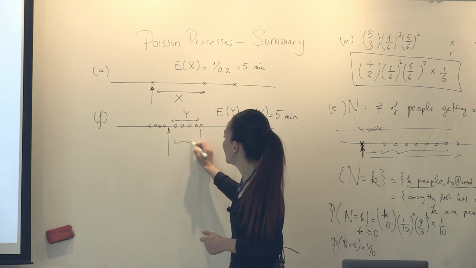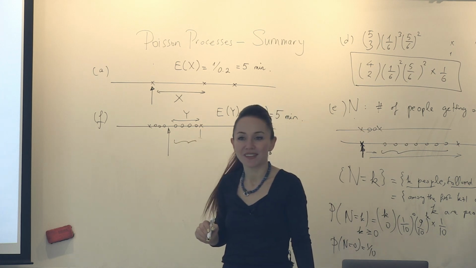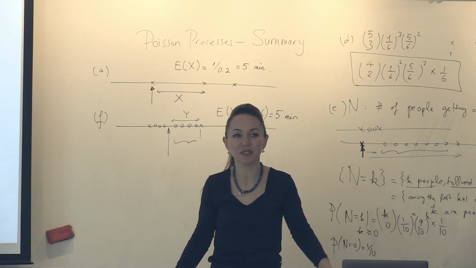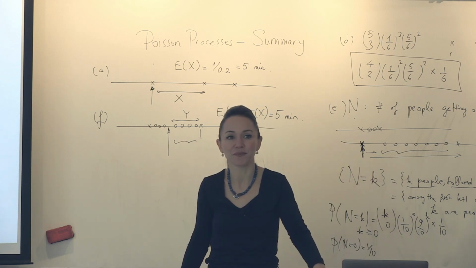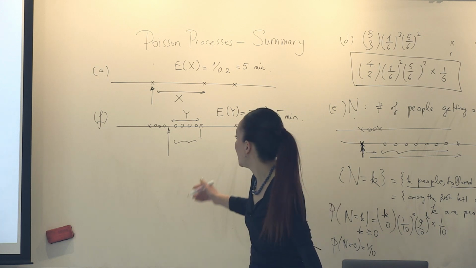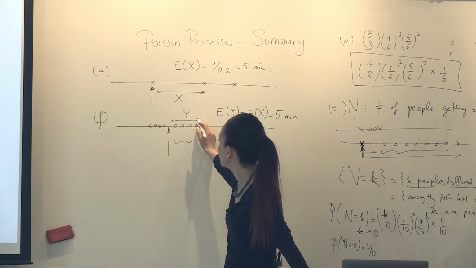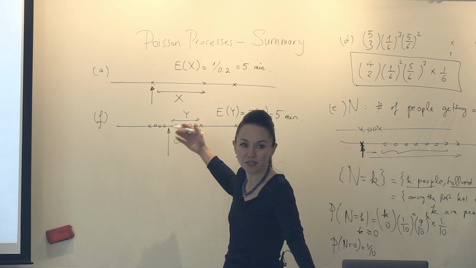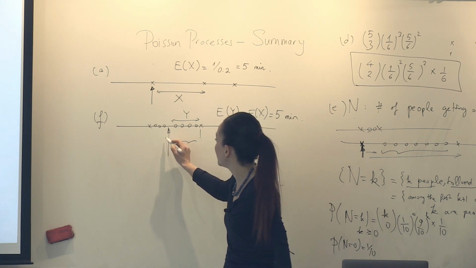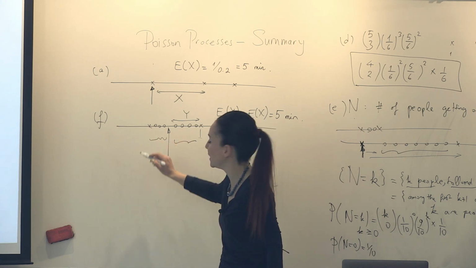What is the expected number of people arriving after me before the first bus departure? I just computed it, right? It's 9 because of the fresh start property. The residual life has the same distribution as any inter-arrival time. How about the number of people who were waiting when I came?